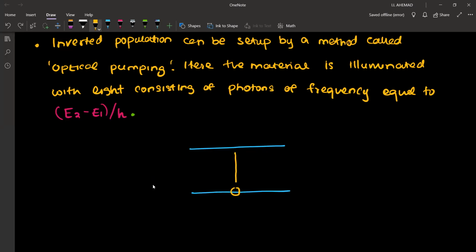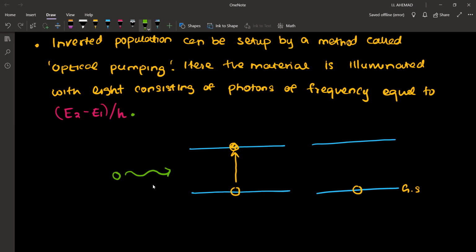It absorbs the photon and goes to a higher energy state. Now let's say you have another atom here, with an electron in the ground state. You want to excite this electron to the excited state. Then only can you set up an inverted population, right? You want more electrons in the excited state. So you provide light.